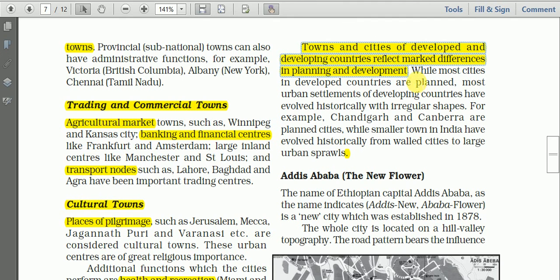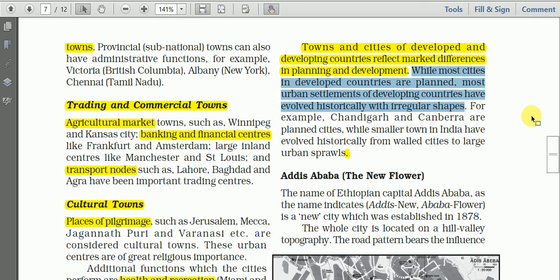So what is the difference given here? Let us read. While most cities in developed countries are planned, most urban settlements of developing countries have evolved historically with irregular shapes. That means most of the cities in developed countries are planned cities, planned by engineers and government.